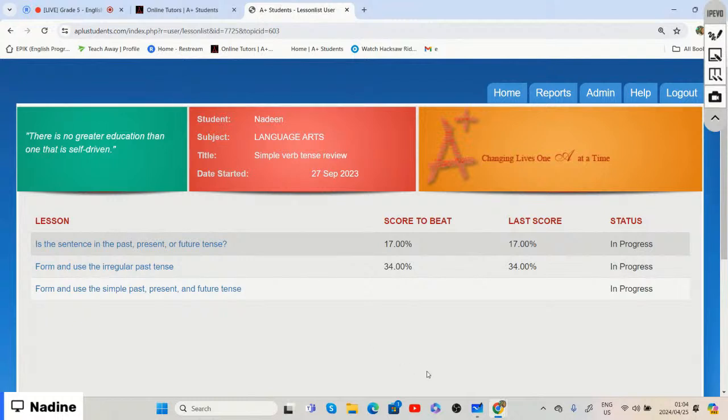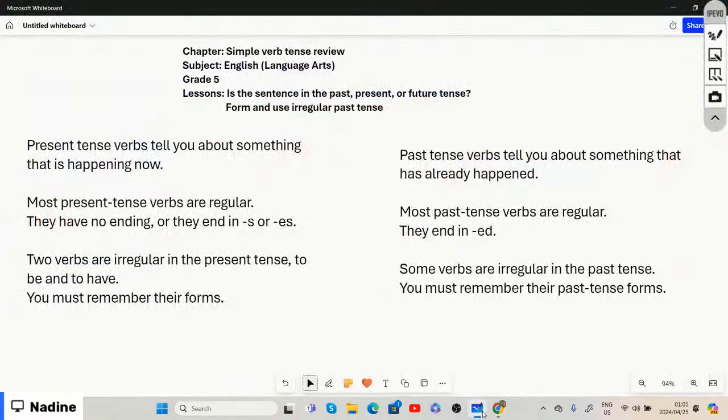All right, so our chapter is simple verb tense review. Our subject is English language arts, grade 5.